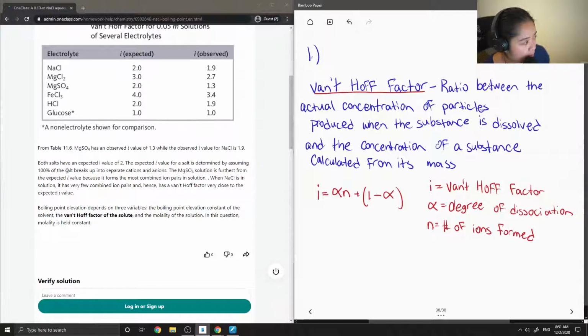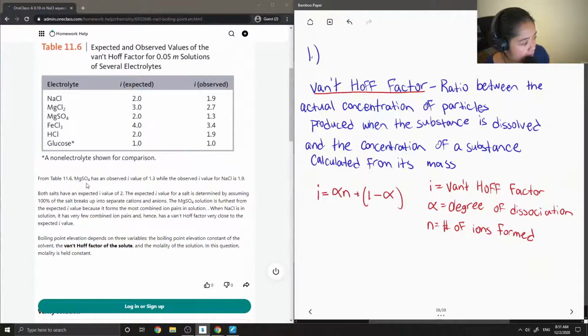They said from table 11.6, magnesium sulfate has an observed Van't Hoff factor value of 1.3, while the observed value for sodium chloride is 1.9. Both salts have an expected value of 2.